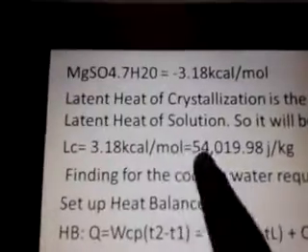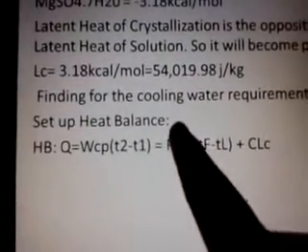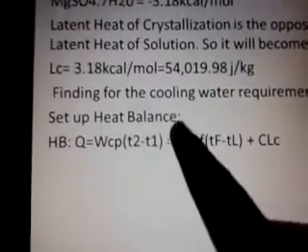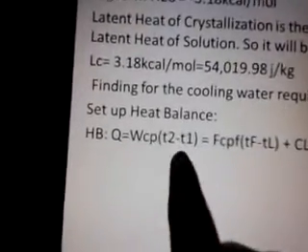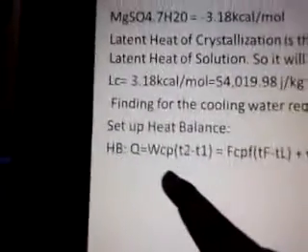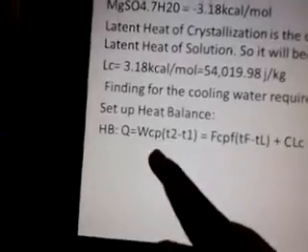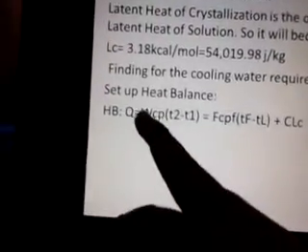So we have the value now for C LC. We have the values for TL, TF, and CPF is given. This part is for water, so T2 minus T1. Cp of water, we all know, is 4.187, or if we change it, 4,187 joule per kilogram Kelvin.